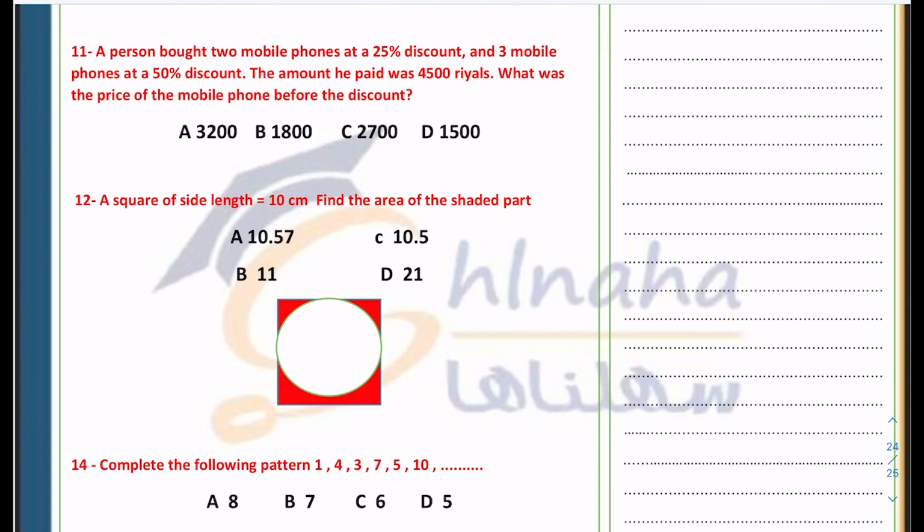Question number 11. A person bought 2 mobile phones at 25% discount. Now, if I have 25% discount, I have to pay 75%, because 100 minus 25. He said 2 mobile phones, so I have another 75%. Okay? And 3 mobile phones at 50% discount.